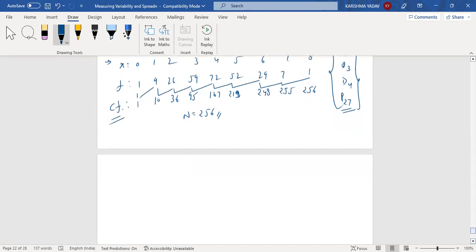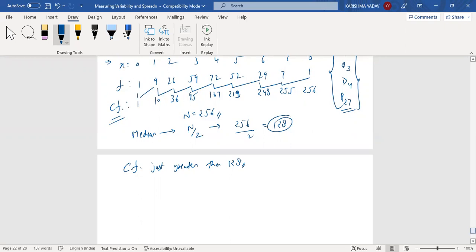Now for finding the median, we are going to do n by 2, that is 256 divided by 2, which is 128. Now what do we need? We are going to look at the cumulative frequency just greater than 128.